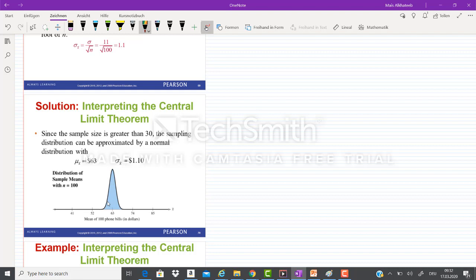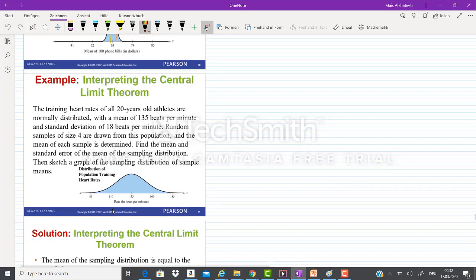We approximate it. This is the inflection point here, which is not more than 1.1 wide from this point. In this case we sketch this graph with the inflection point very near to 63.